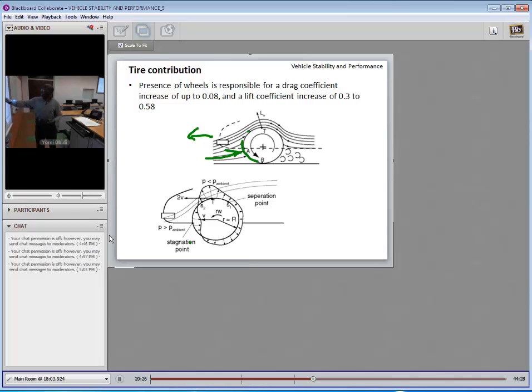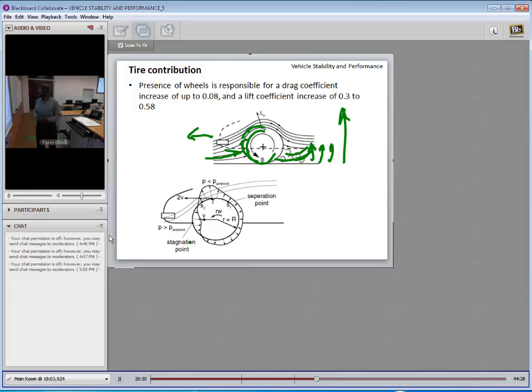As the air hits this, and the tire rolls, it shoots out entrained air movement with a lot of force, a lot of pressure that goes to hit the bottom of the vehicle. And when they hit the bottom of the vehicle, they generate lift.